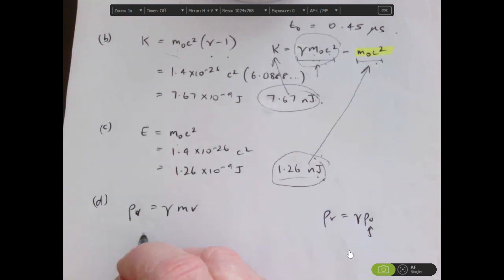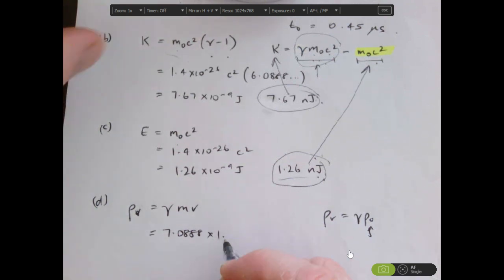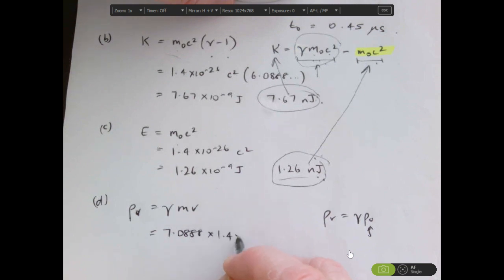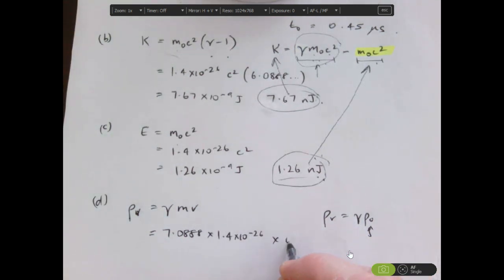Okay, so this is 7.0888 times the mass, which is 1.4 by 10 to the minus 26, times the velocity, which is 0.99 times 3 by 10 to the 8th. Don't forget, it's not just multiplied by that number there, that's 0.99c.